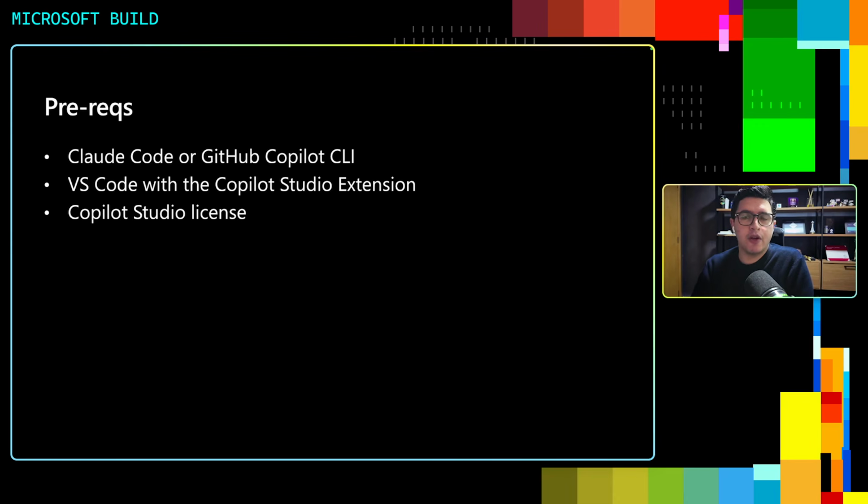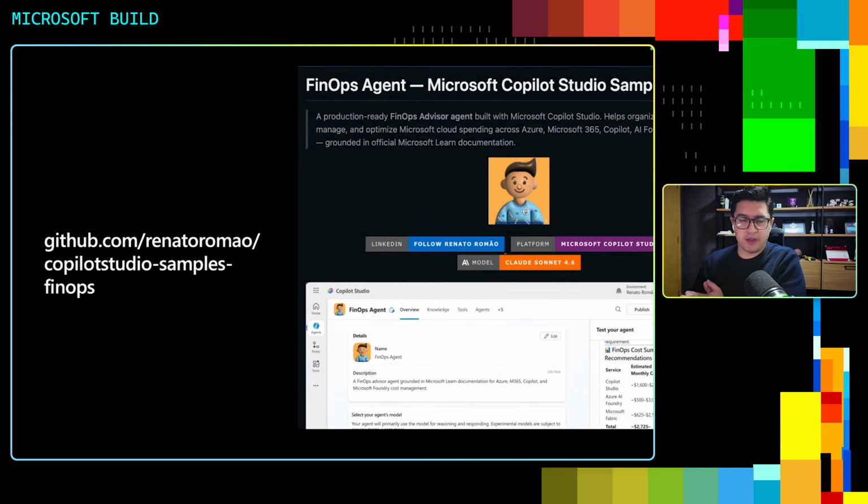And you must also have a Copilot Studio license. You can start with the trial license, but it's good to have a Copilot Studio license to start using your AI agent. This is not for developers only, so this is for PMs as well, for QA and directors.